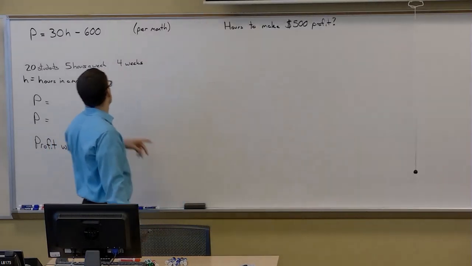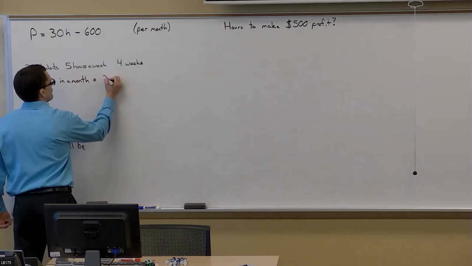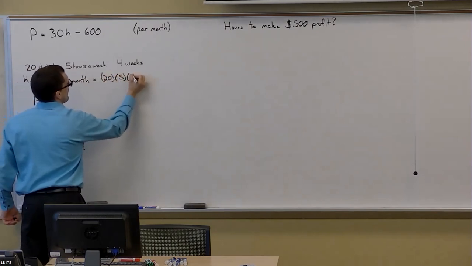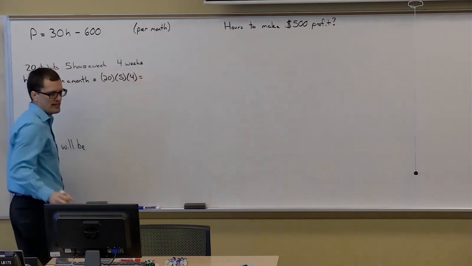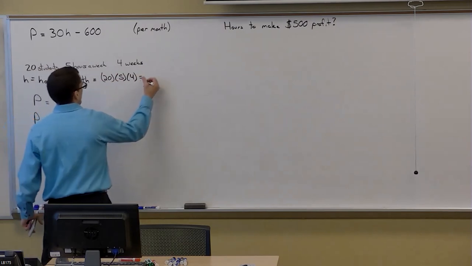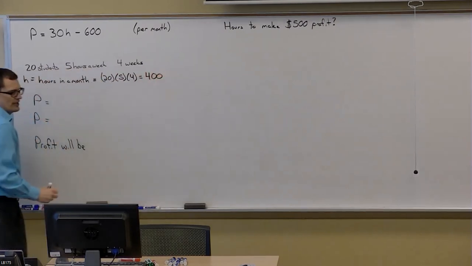So 20 students for 5 hours a week for 4 weeks. We're going to take 20 times 5 times 4, and that gives me a total of 400 hours spent tutoring.